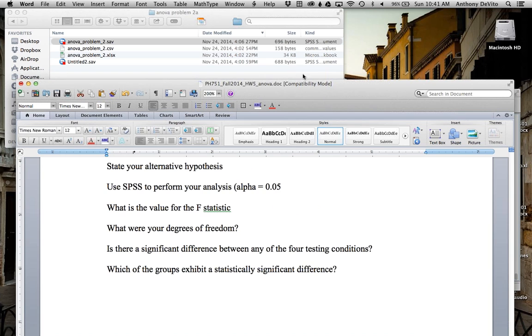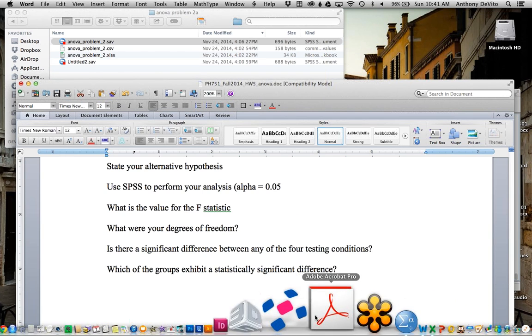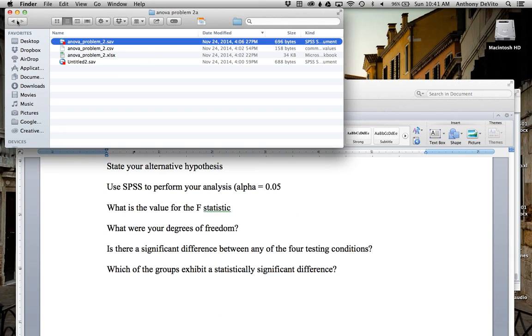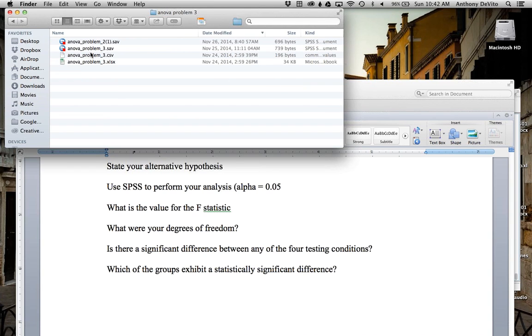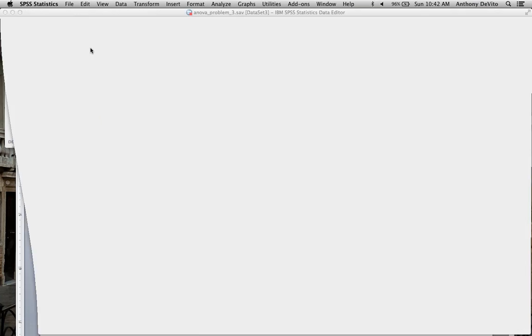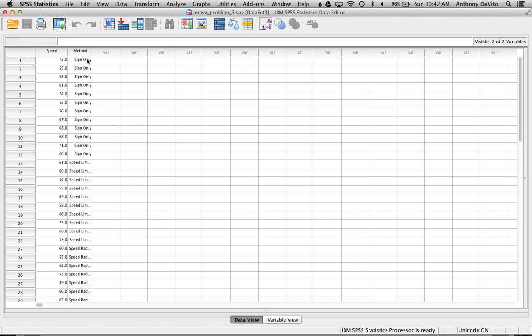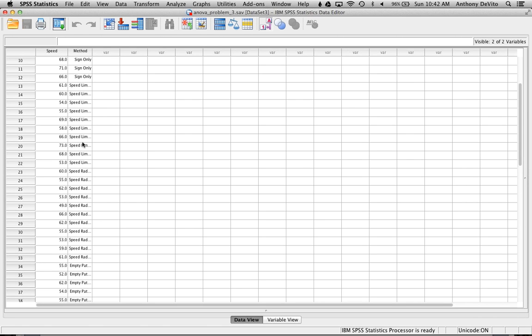Okay, so I'm going to go back to my analysis of variance. I'm going to open up my other file. Okay, and here we go. Sign only, speed limit, sign radar, and so on and so forth.